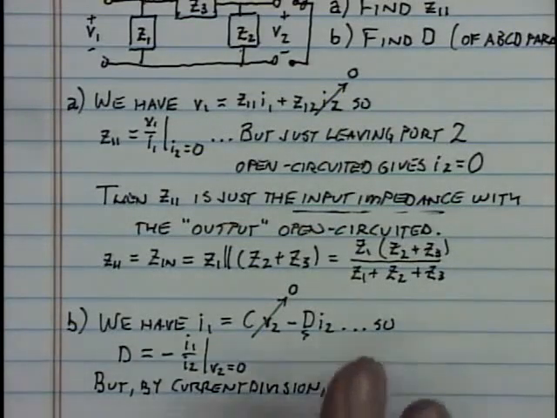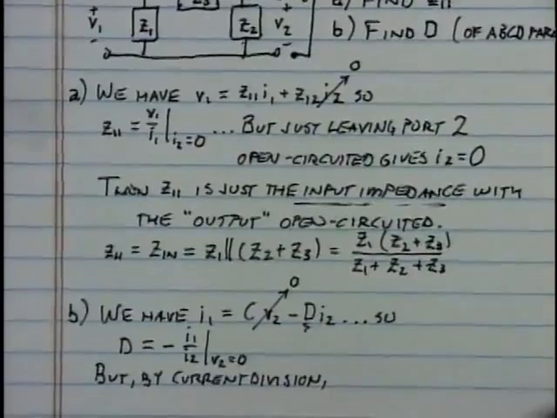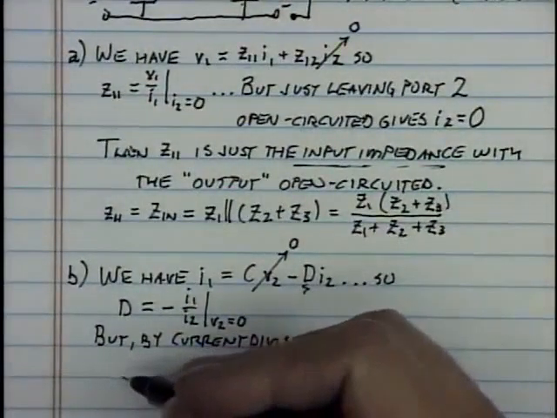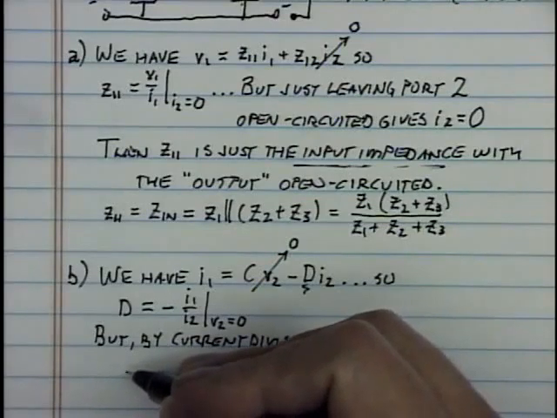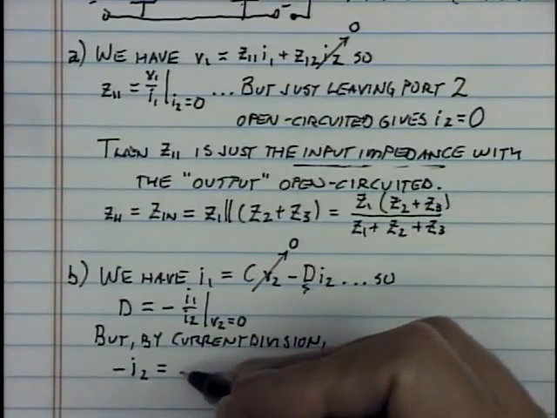I can use current division to accomplish that calculation as follows. Let's see if you can see this with the circuit up above. Minus of I2 would be equal to a current division factor times I1.